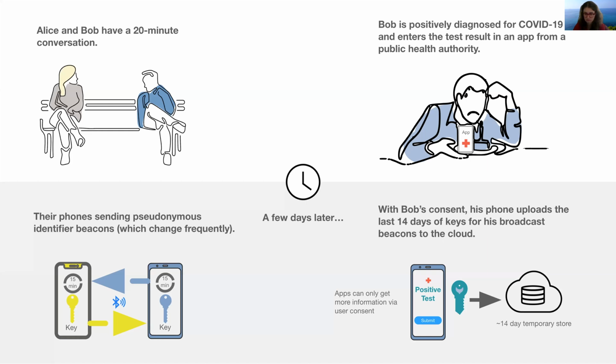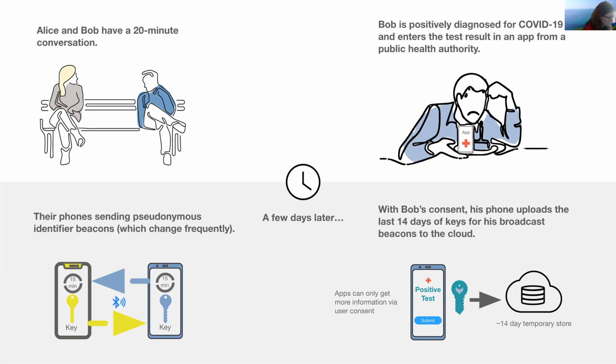At the same time, their phones are also scanning for the rolling proximity identifiers, the RPIs, of users in their vicinity. So when Alice and Bob sit on the park bench for 20 minutes, their phones are both emitting these pseudonyms and scanning for pseudonyms in their vicinity.